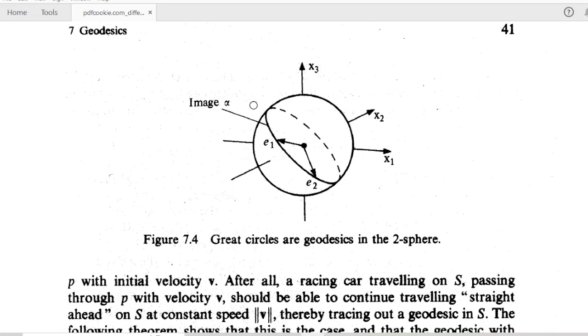So we can see, great circle means it is like these. These are the great circles. These circles on the sphere are the great circles.